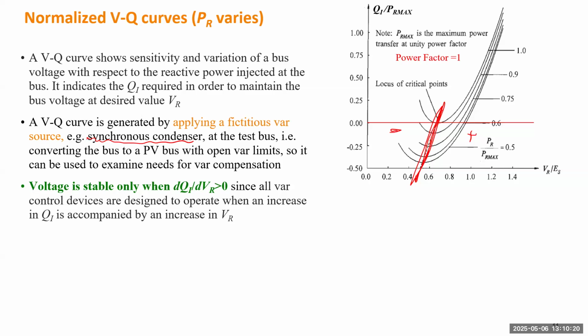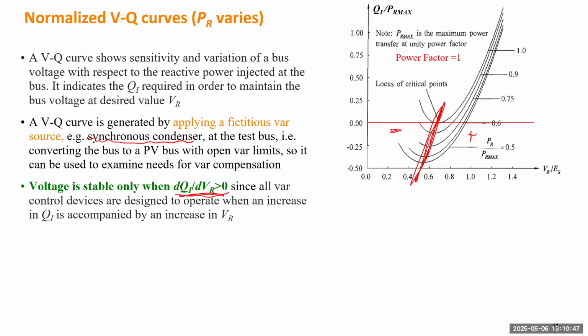So if you see a positive slope of the VQ curve for your current condition, it means your system is stable. If the slope is negative, your system is unstable, and you need to inject a certain QI such that the slope becomes positive. Okay, so this can be a very useful criterion to judge stability.